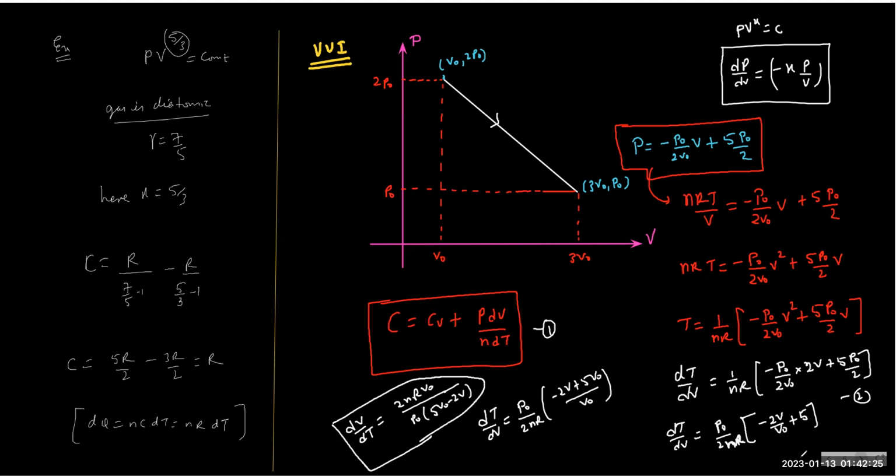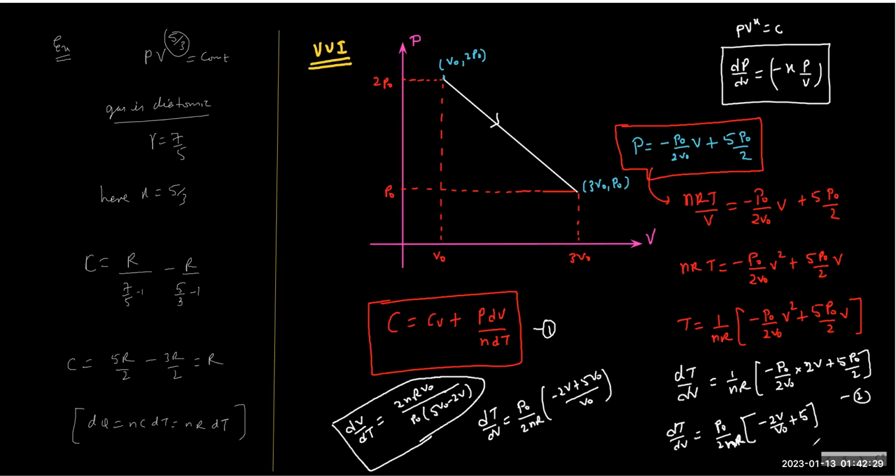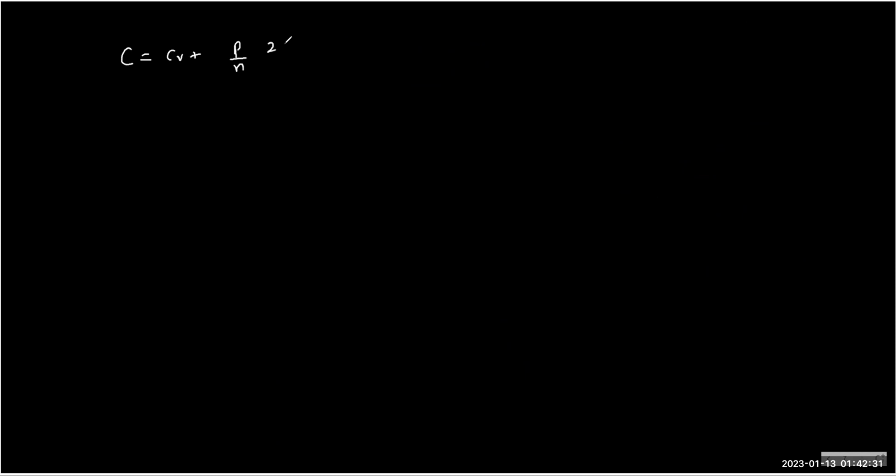So I got the answer. Let's substitute value. How much is the answer? 2nRV naught.